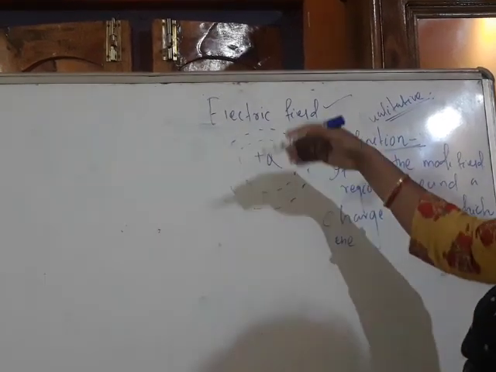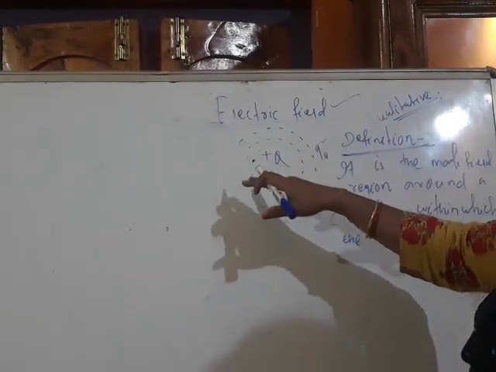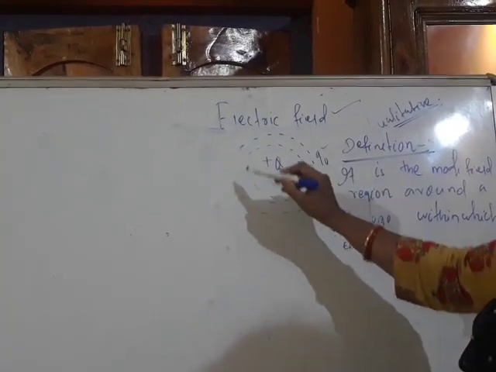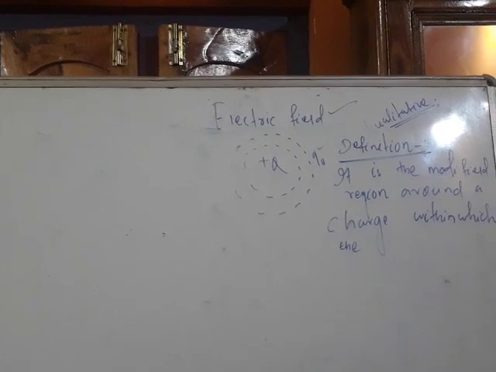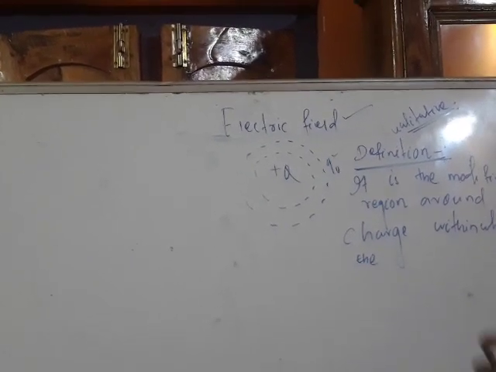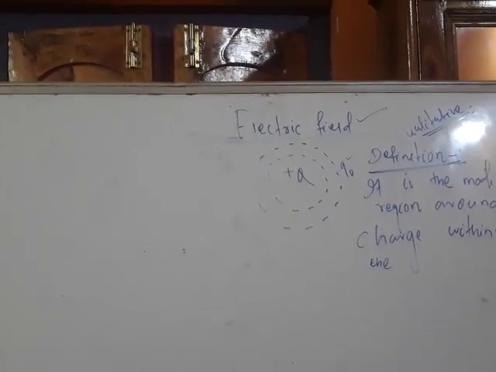Next, come to the quantitative definition. We have already known that an electric field is created around this charge. But how much stronger or weaker is this electric field?